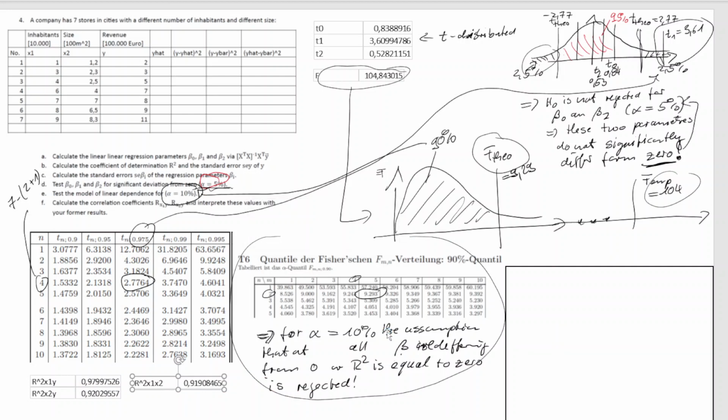We have two variables which have very high correlation with our output variable. Then we are maybe quite happy. But these two variables also have a very high correlation with each other.